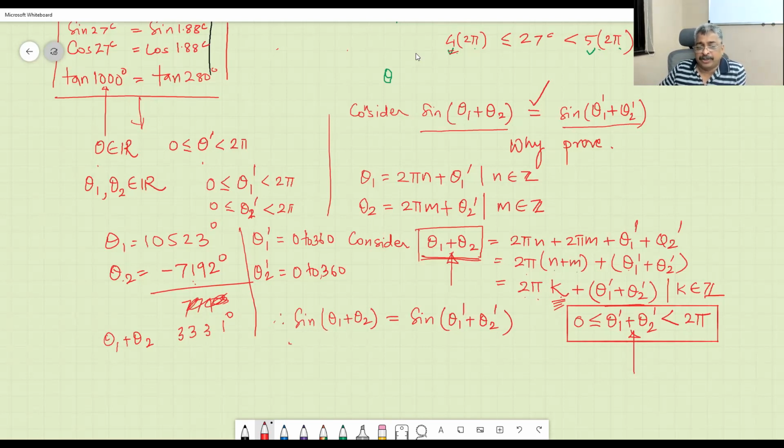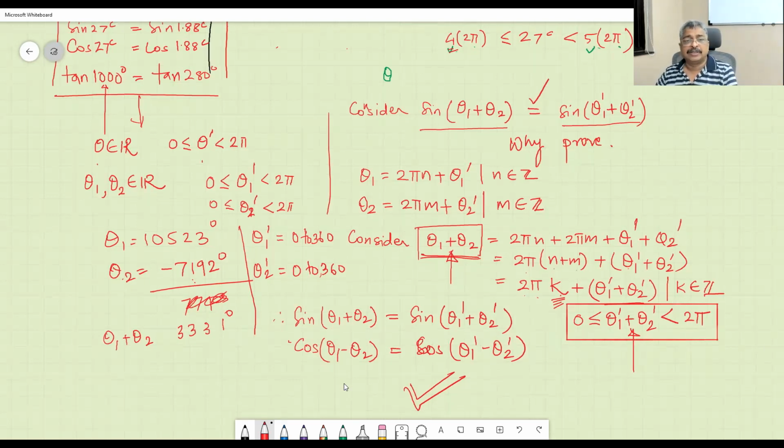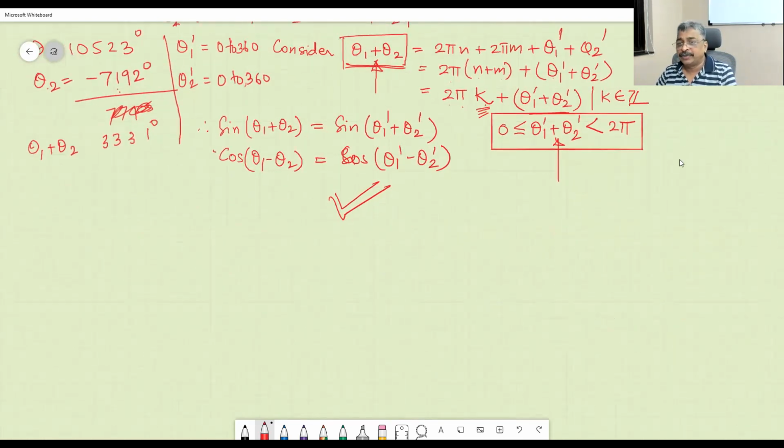Therefore, for all trigonometric ratios, cos of theta 1 minus theta 2 is going to be equal to cos of theta 1 dash minus theta 2 dash. Always going to be true. That means what we were saying is correct: if you study the principal values of the corresponding angles well, it is as good as studying theta belonging to R very well.